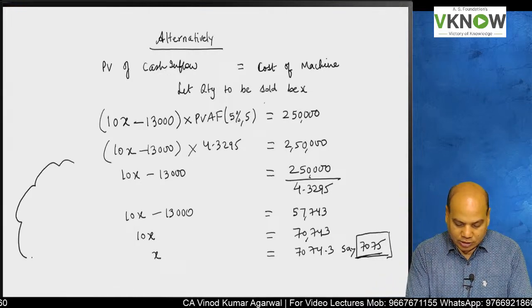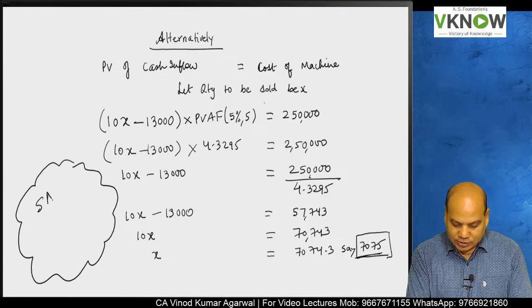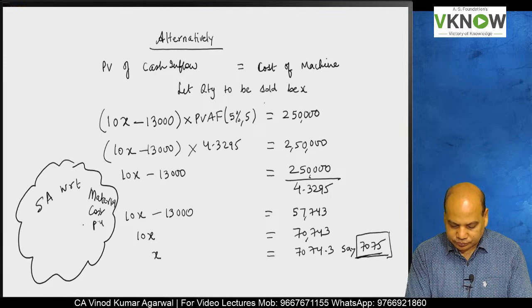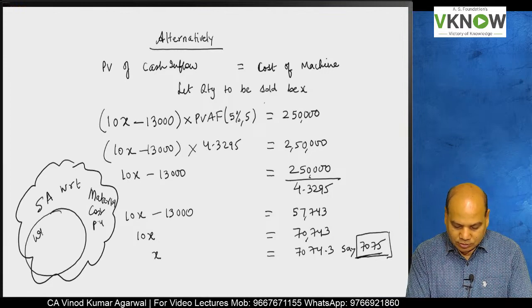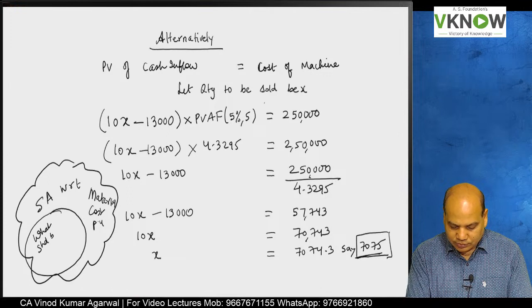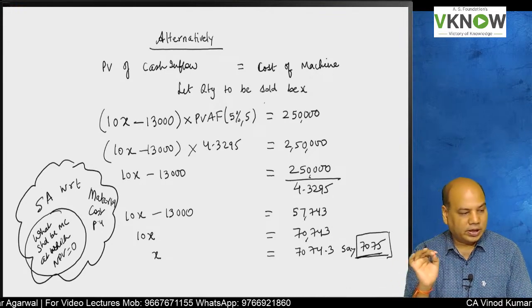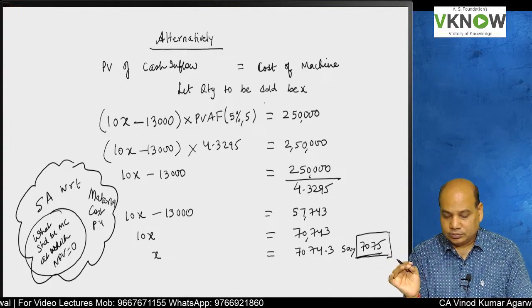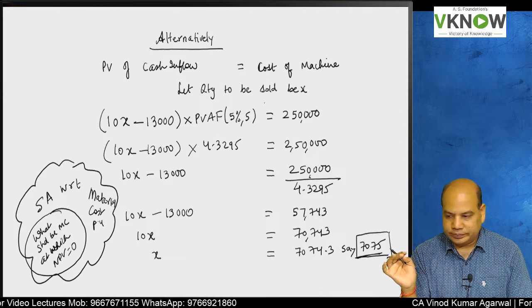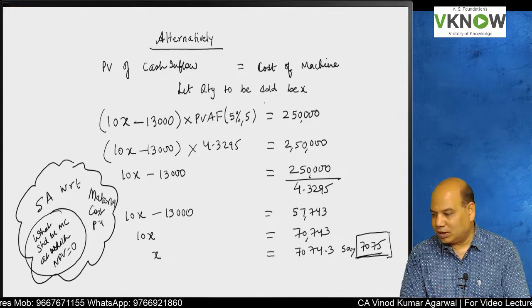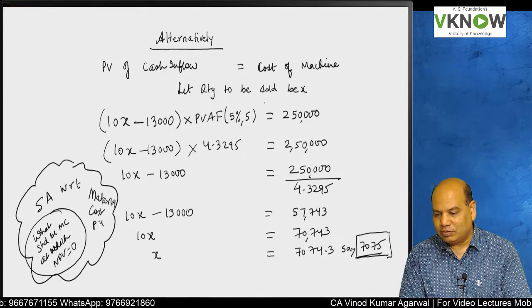My learned student will now try sensitivity analysis with respect to material cost per unit, which means what should be material cost per unit at which NPV will be equal to 0.